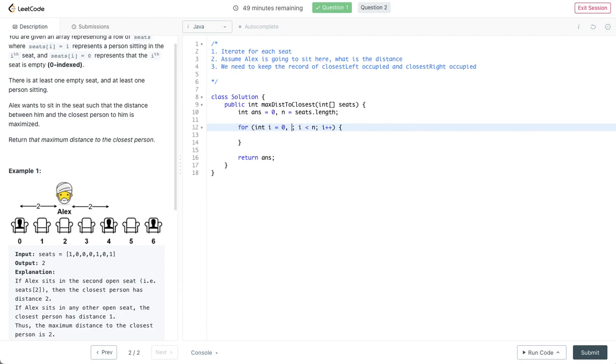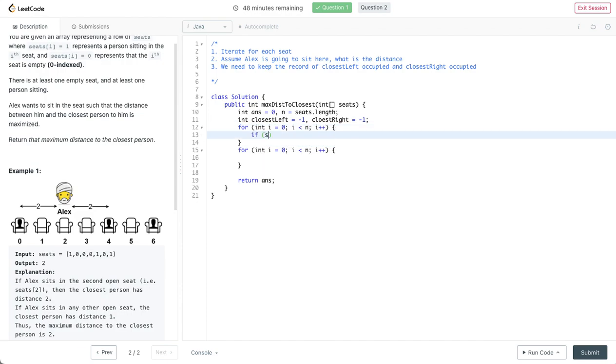We need to know the closest left. It equals probably going to be -1 because we don't find it yet. Closest right is going to be -1 first, then do a first for loop.